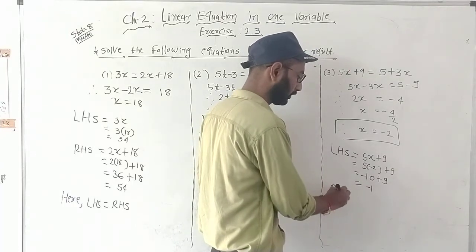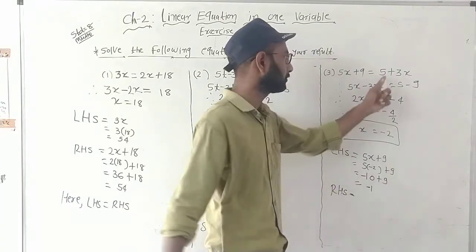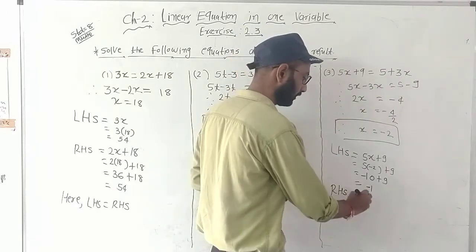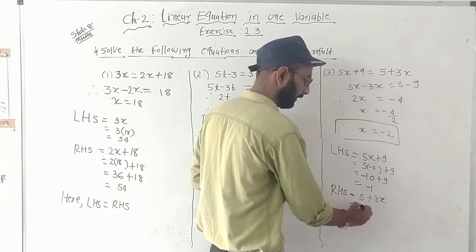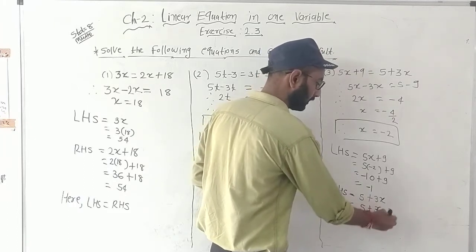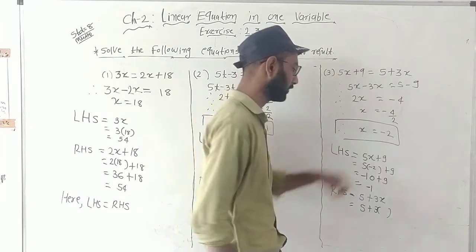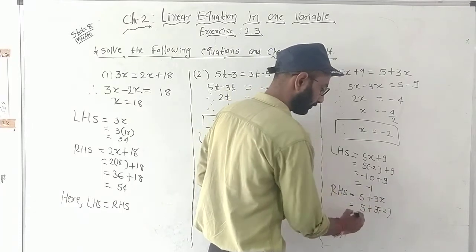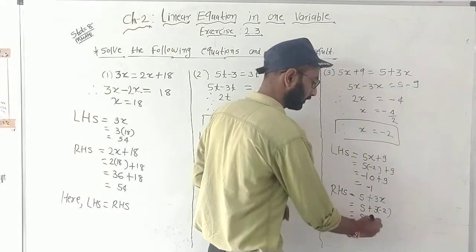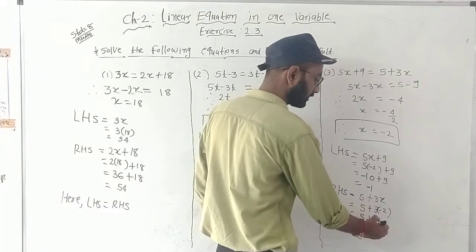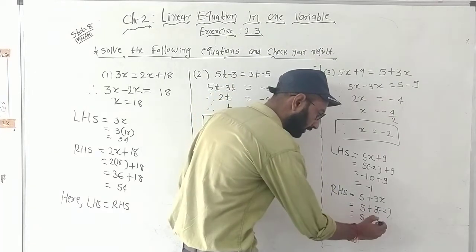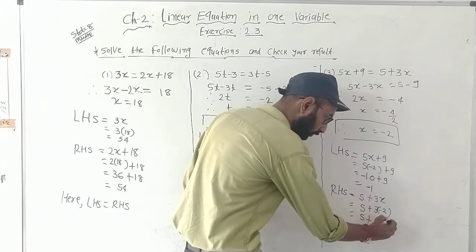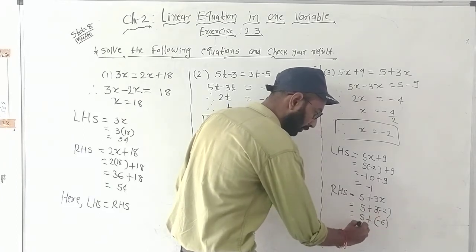Now let me find out the value of RHS. RHS is 5 plus 3x. 5 as it is, 3 as it is, in the place of x, I will put minus 2. 5 as it is. 3 2s are 6, but minus 6. 5 as it is.